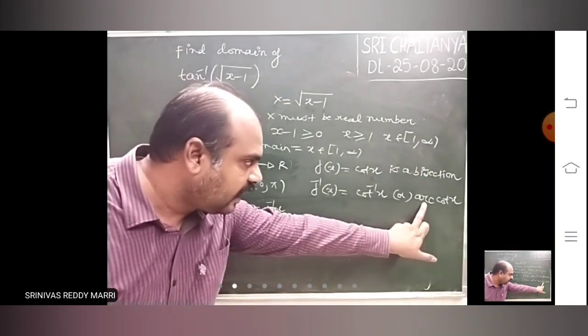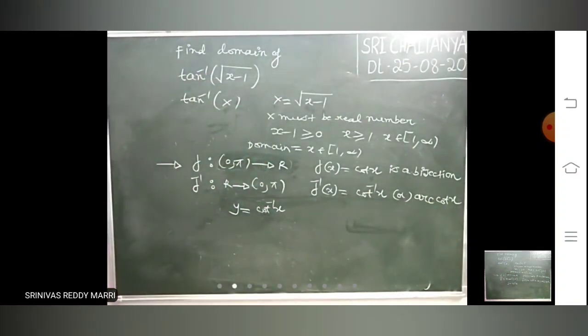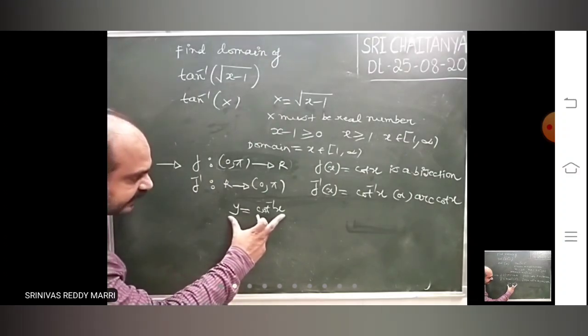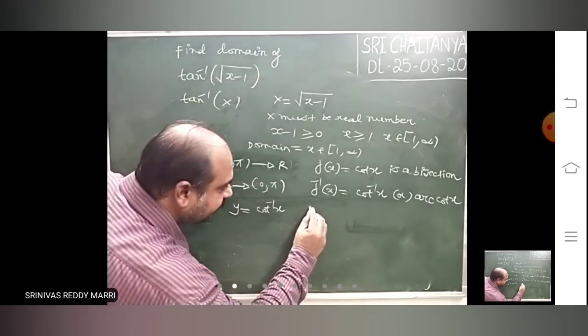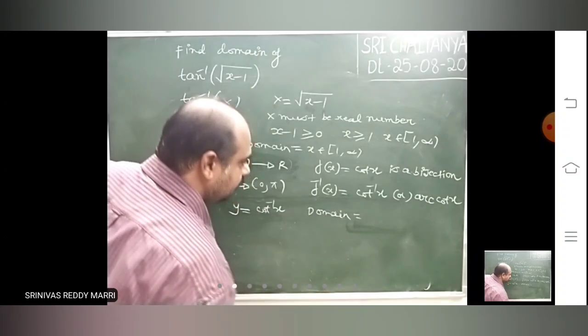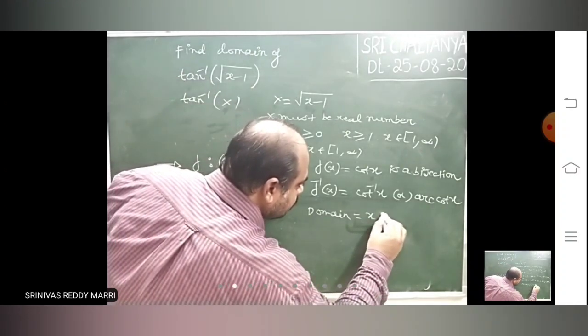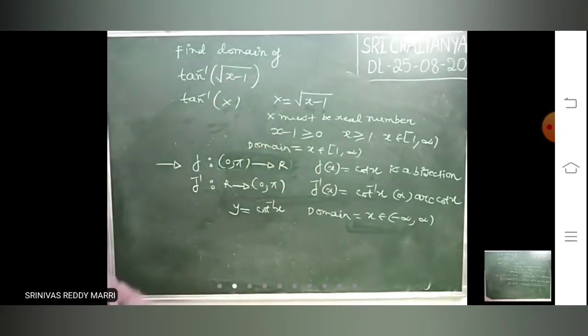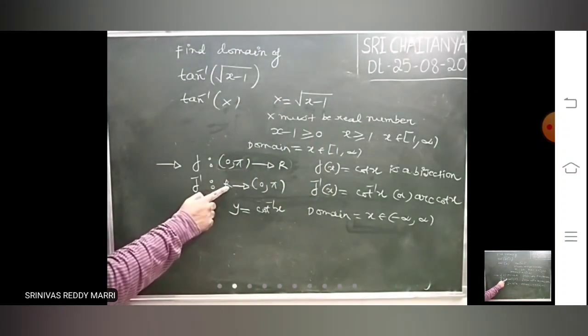Cot inverse x or arc cot x, same. Look at y equal to cot inverse x. This will be defined when x is a real number. Domain equals x belongs to (minus infinity, infinity).